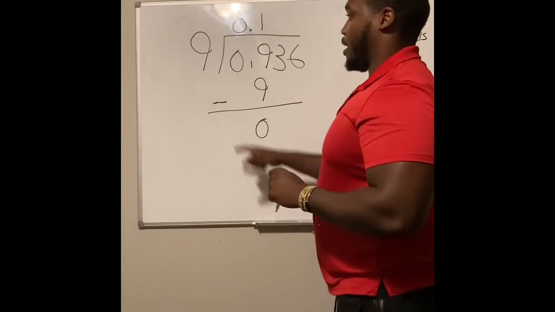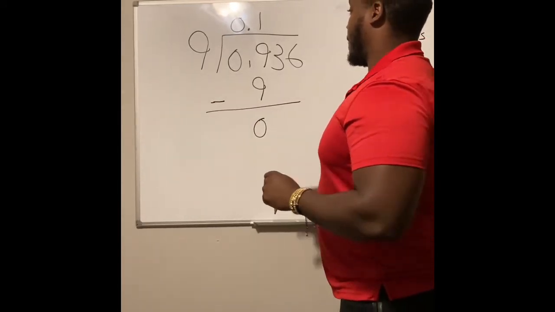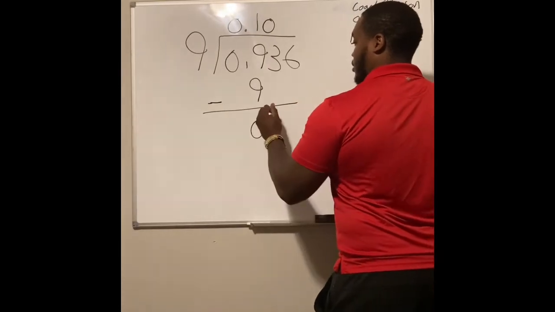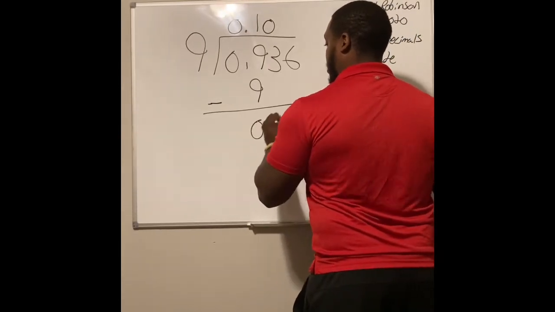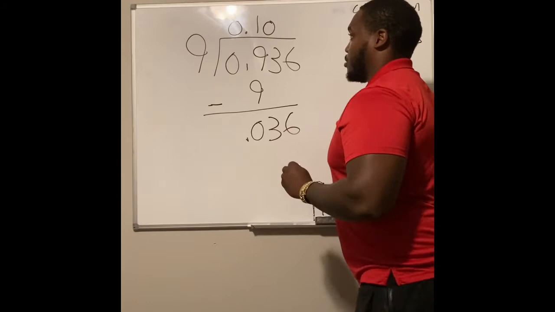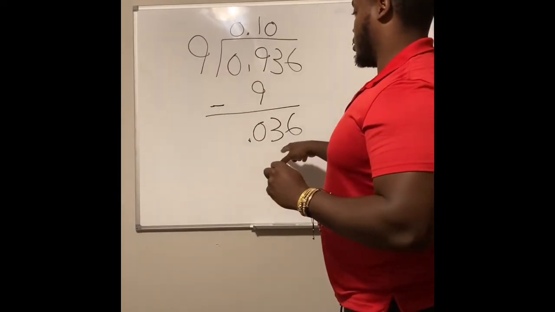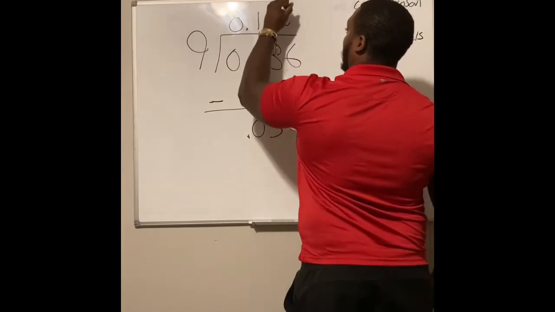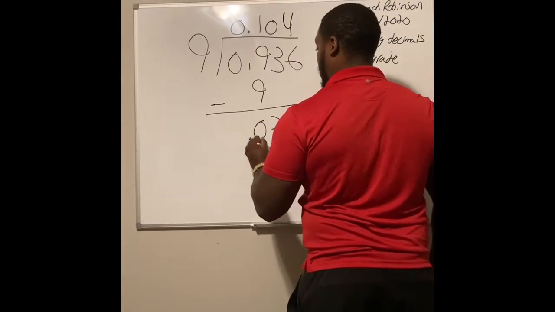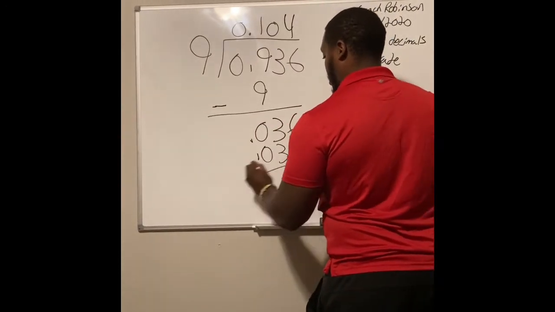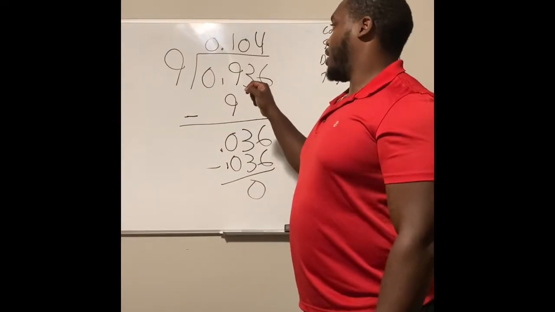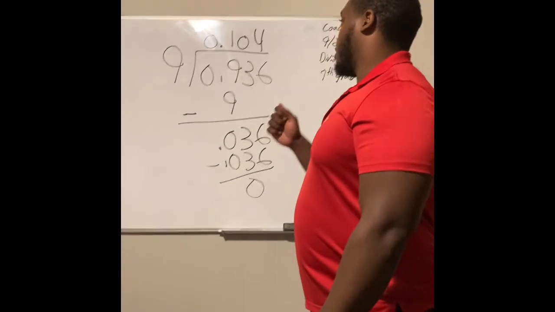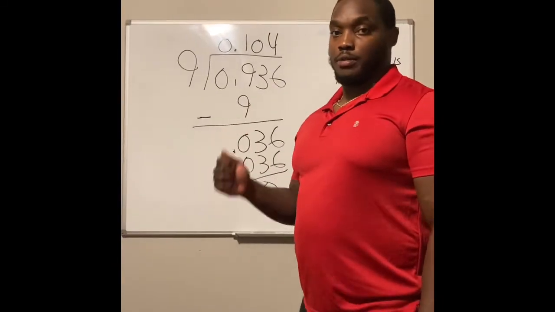So 9 cannot divide into 0. So you add a 0 here, right? And then you drop your 36 down. So 9 goes into 36 4 times. So 0.936 divided by 9 is 0.104.